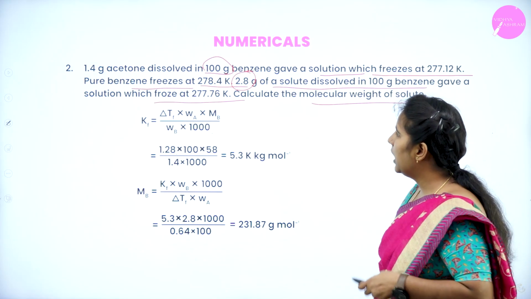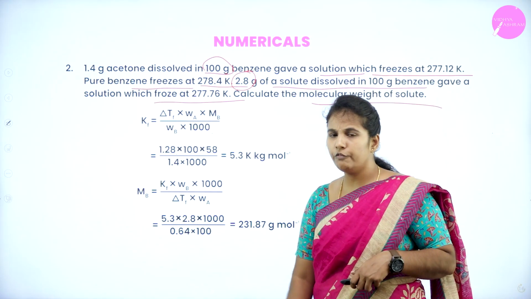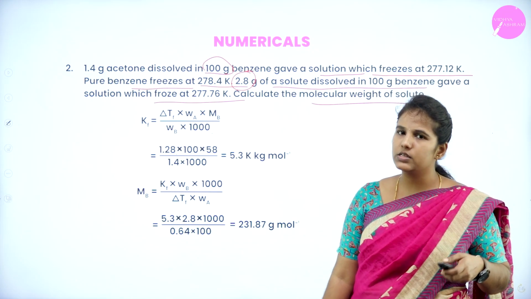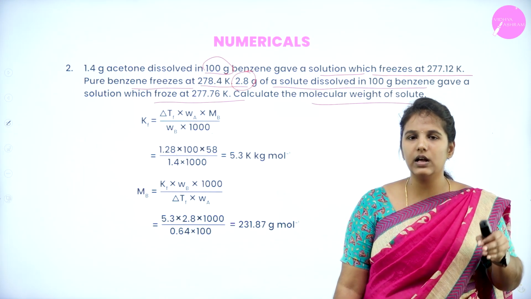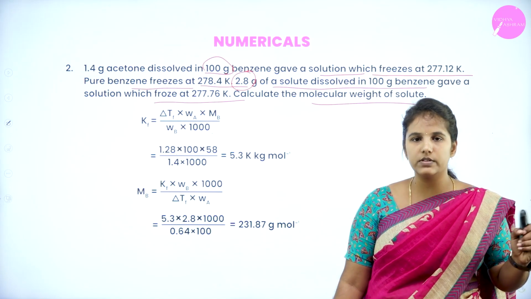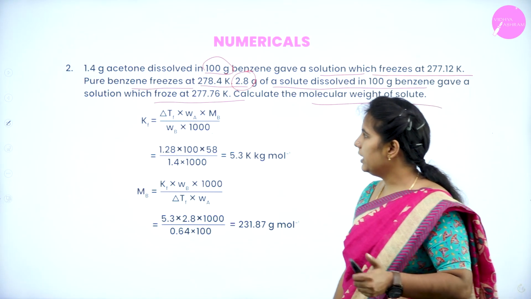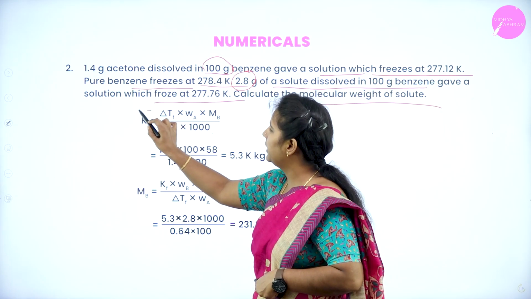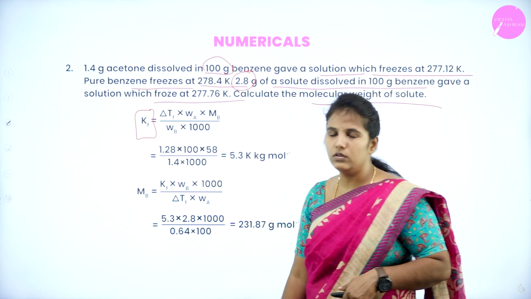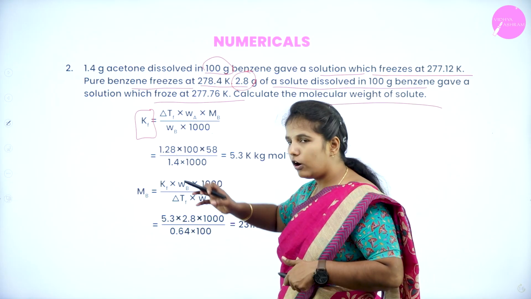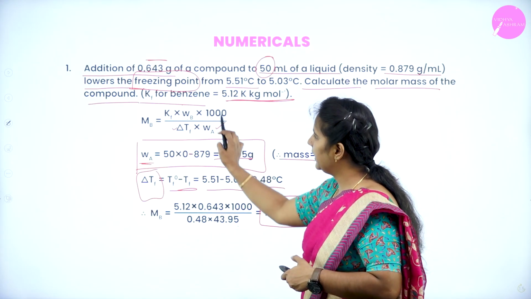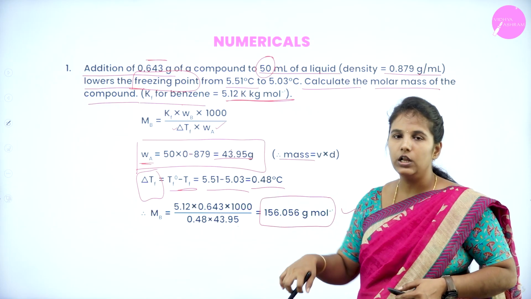We all know how to calculate the freezing point of the solution by using the equation. By using the freezing point of the solution, we can calculate the molar mass of the solute, right? So here they have not given the Kf value for benzene. That is why we have to alter the entire equation that you wrote in the first numerical.